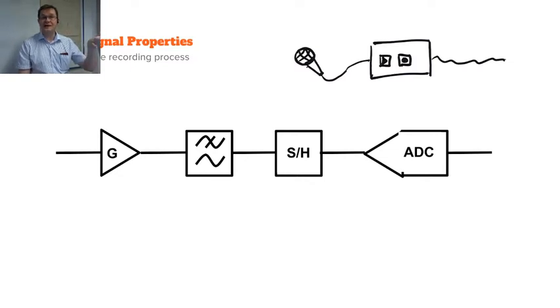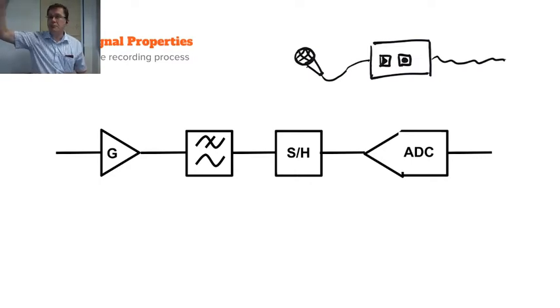You always need some sort of analog low pass filtering before the A to D conversion. Some of the A to D converters are less sensitive to that out-of-band noise, but at some point you need the low pass filtering done.